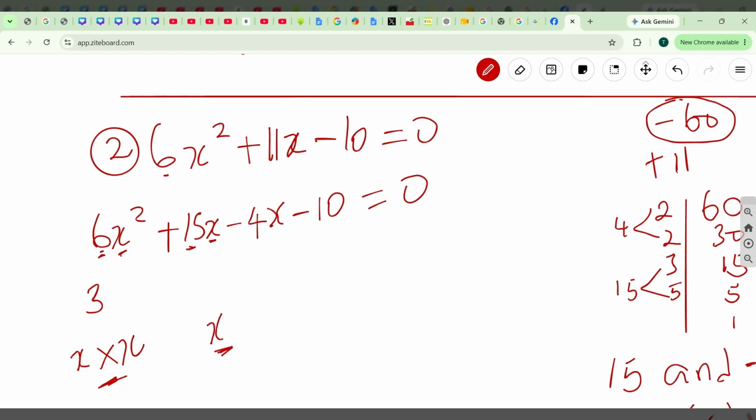That's why I said just x is common. So I'm going to write that common value here, that's going to be x. And what's left is going to be x plus 5. So if I open this bracket, 3x multiplied by x is 6x squared, and 3x multiplied by 5 is 15x. Okay, and I'm going to put this down by saying this is going to be negative.